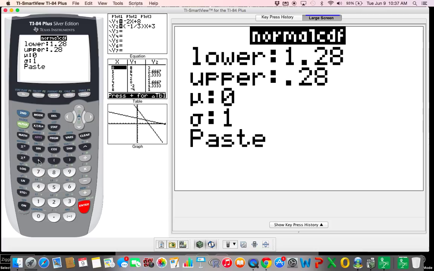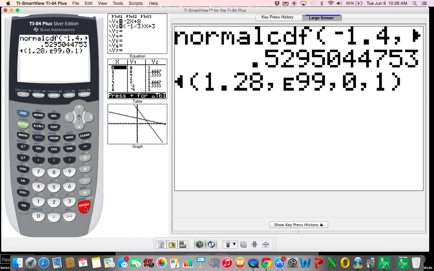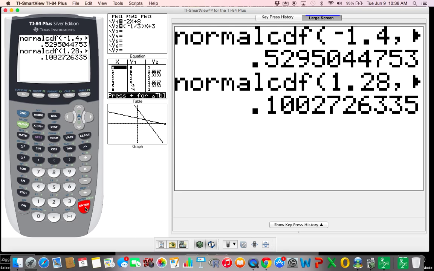If you look right above your comma, you'll see in blue or yellow letters, depending on your calculator, EE. That's the E we want. That's scientific notation. So I hit second function E, and then I go 99. Mean still 0, standard deviation still 1, and we paste this, hit enter, and we get our answer, which is 0.1003.